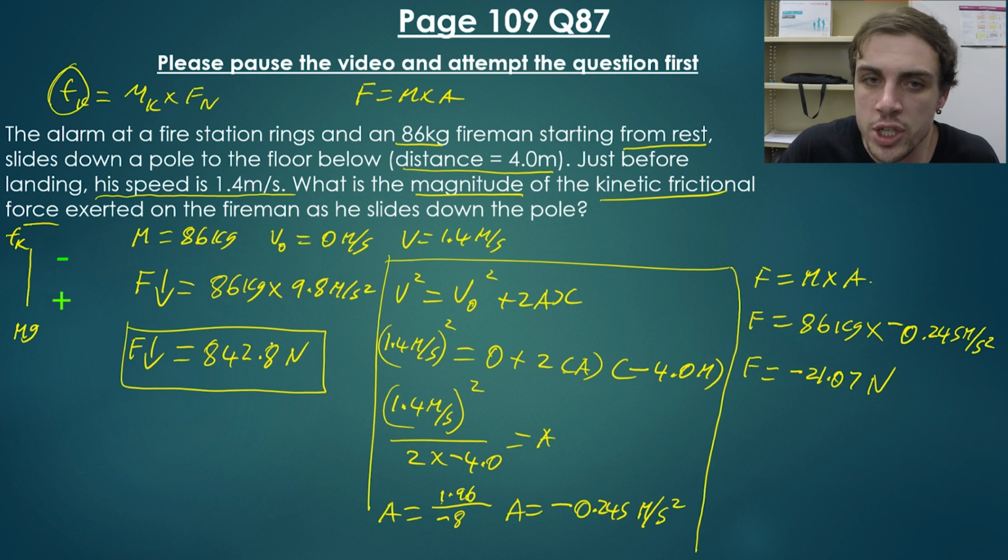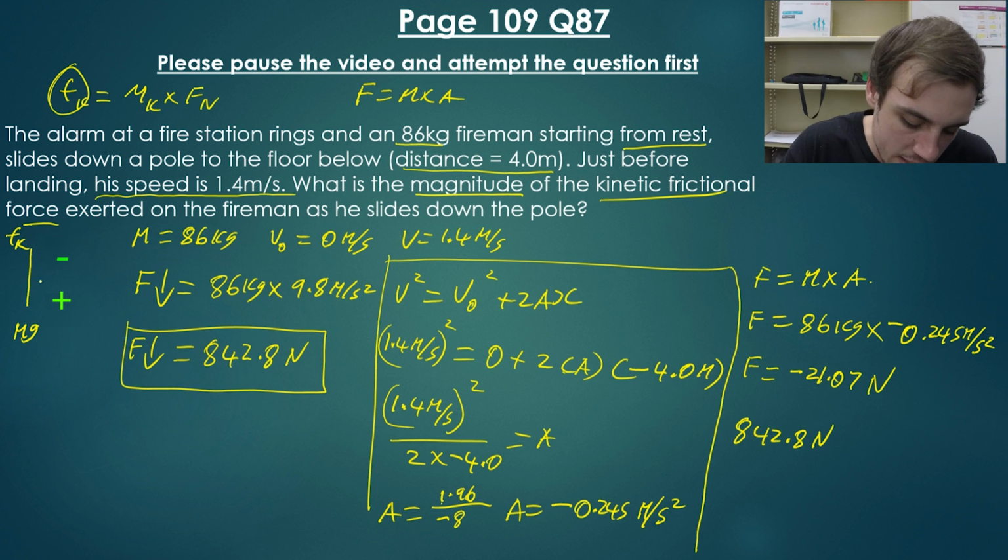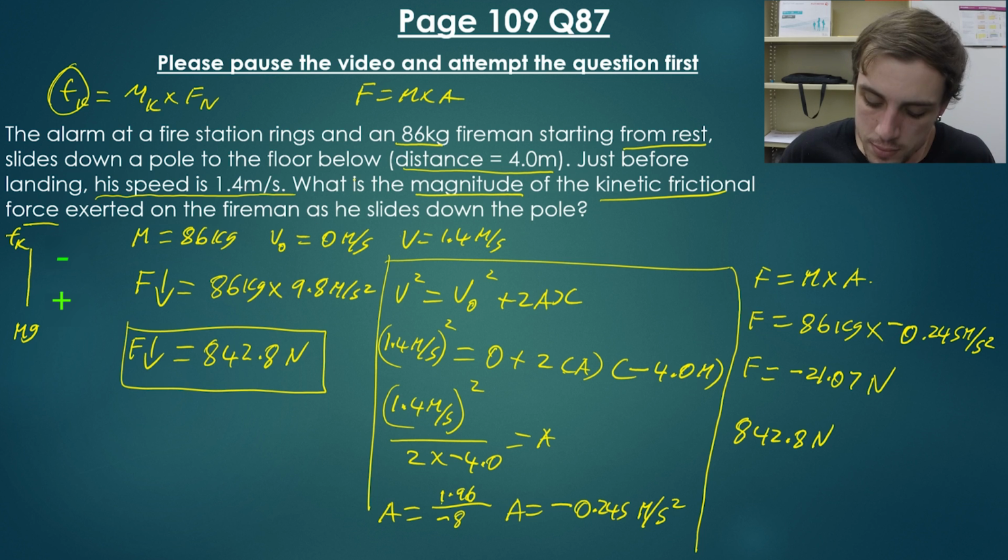So, why is it that he only had 21.07 instead of 842? It's because friction was working in the opposite direction to counteract that net force. So we know that we had 842.8 newtons. That's how much force would be plummeting down this way if the fireman never grabbed the pole.